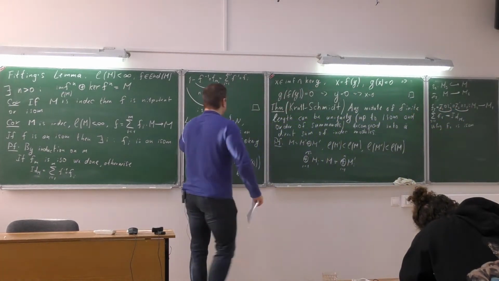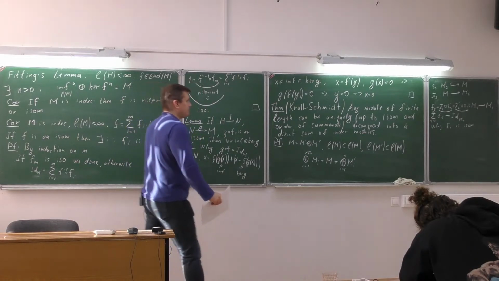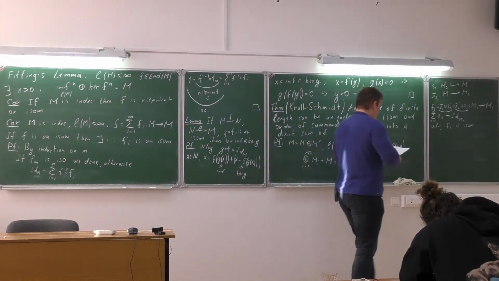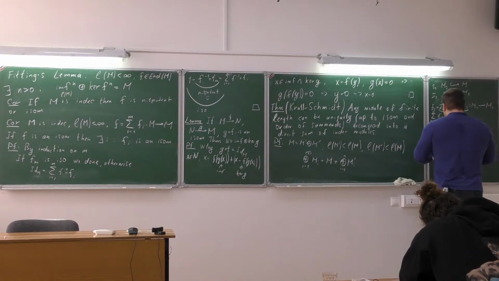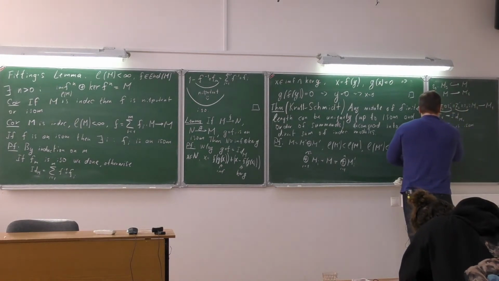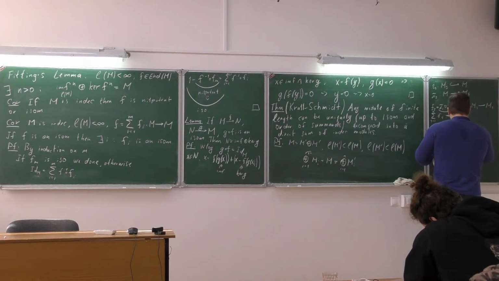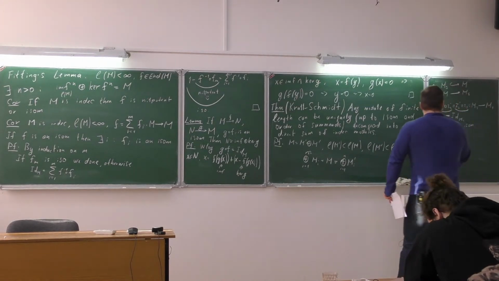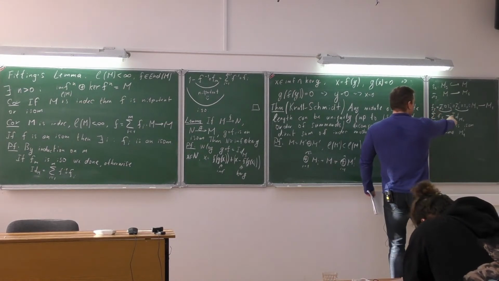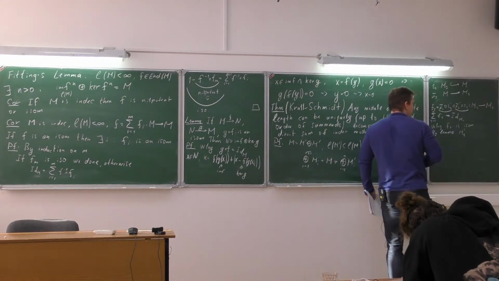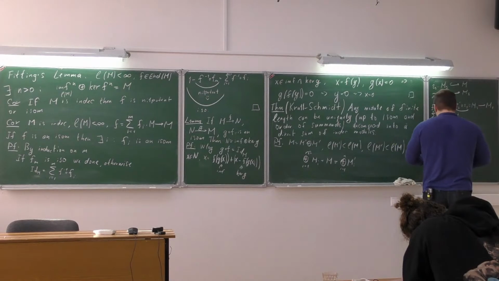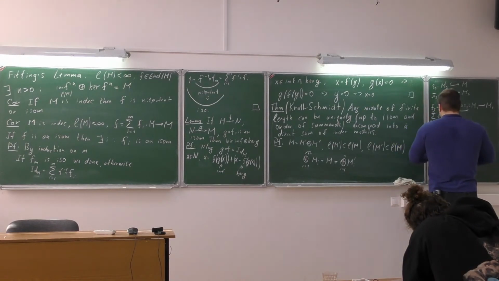So by the lemma, I have that M1 prime, where I apply this statement with s equal to 1, the index in the middle, is the sum of the image and the kernel of these 2 maps.